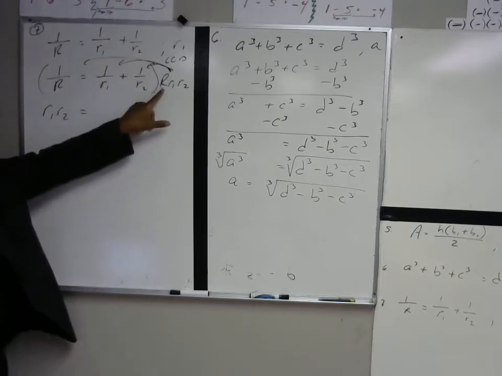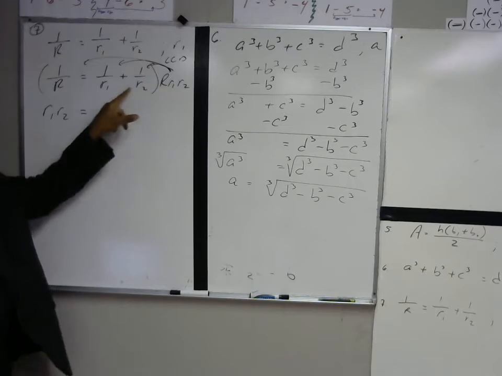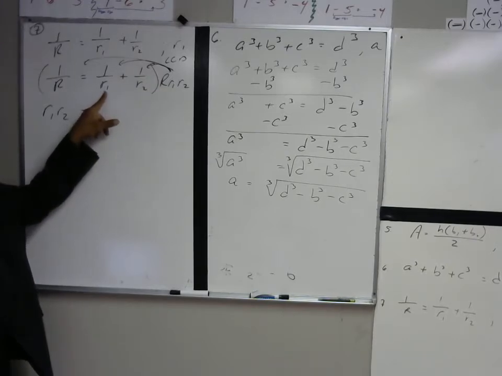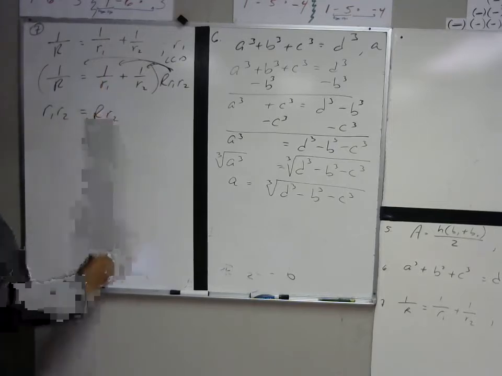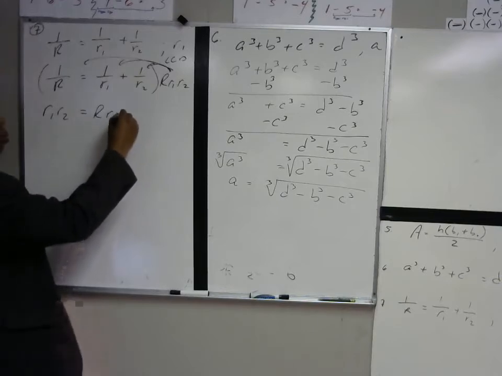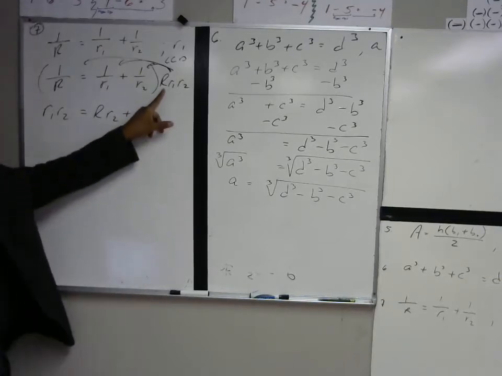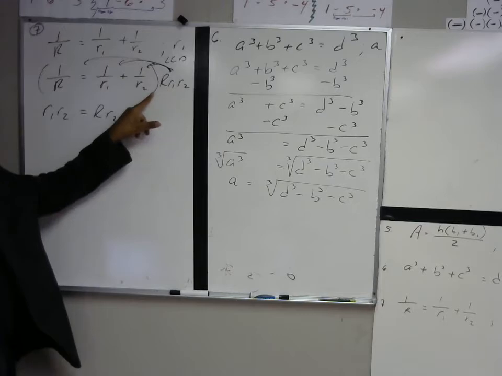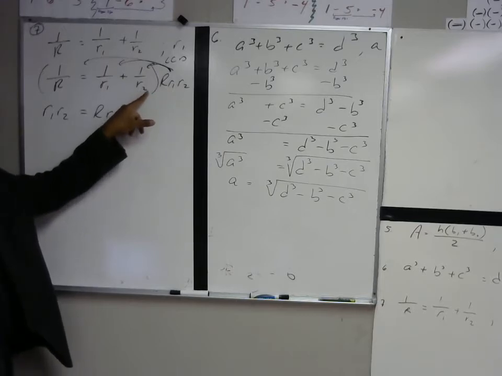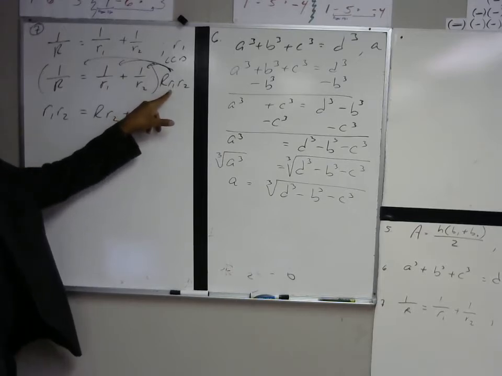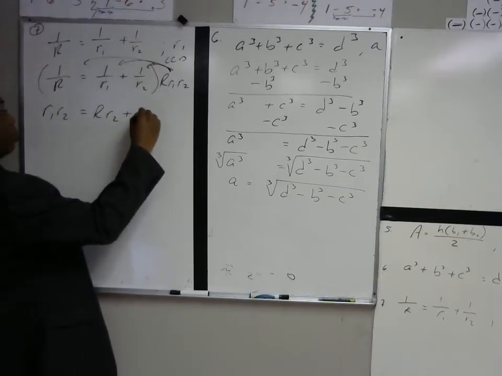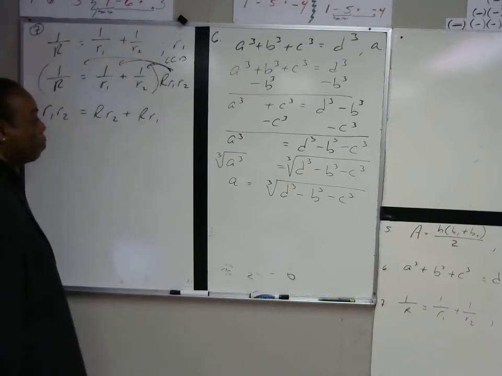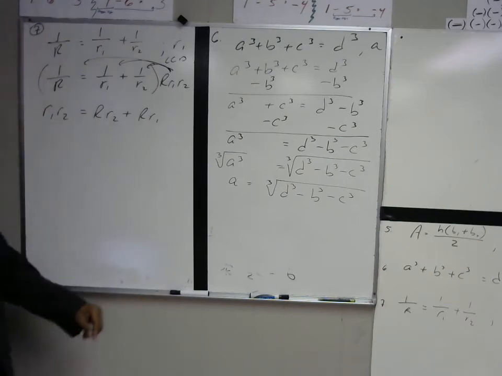Next, R1 R2 divided by R1 would be R2, times 1 is R2. Plus here next, R1 R2 divided by R2 is R1, times 1 is R1. Okay. All right, not bad.